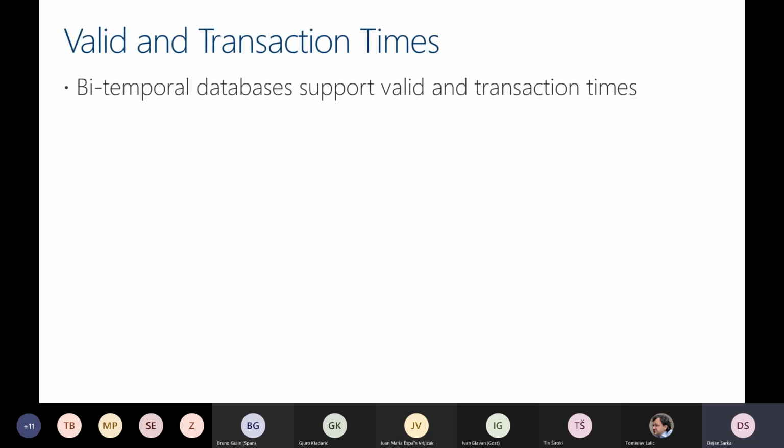Now, what I talked about so far are valid times, but we can also measure or store in a database transaction times. So when did the transaction happen? And temporal databases could support valid and transaction times. Valid times are our times, and transaction times are database times. Definitely, valid times are more important, and you will see also much more complex.